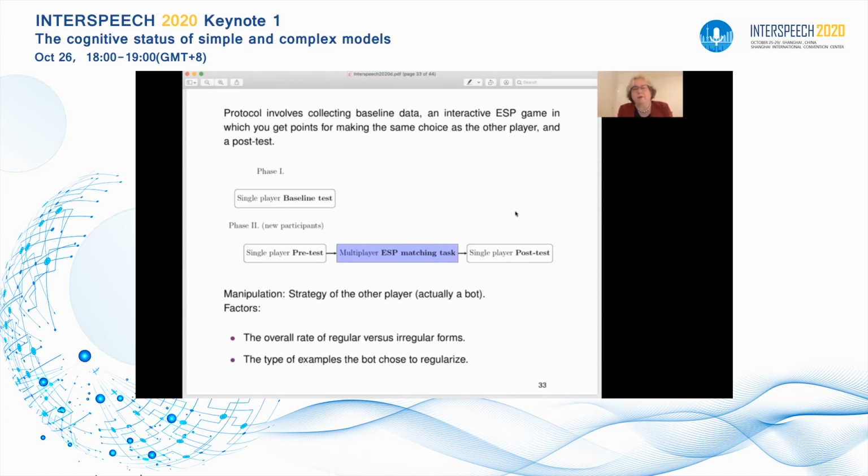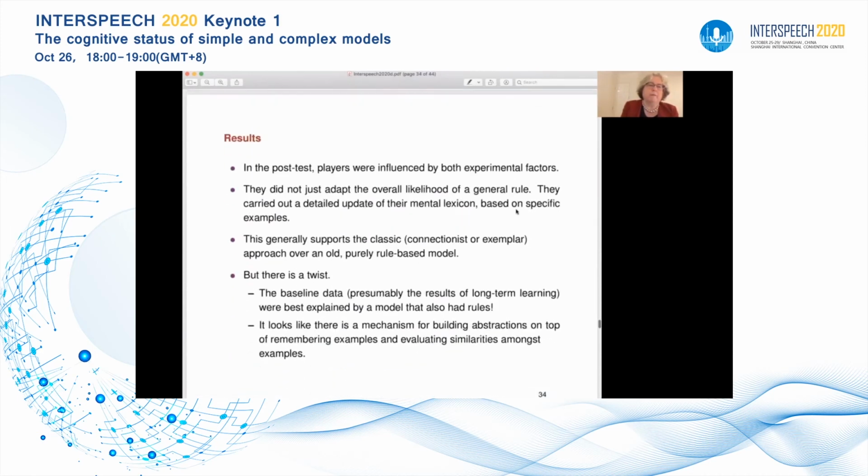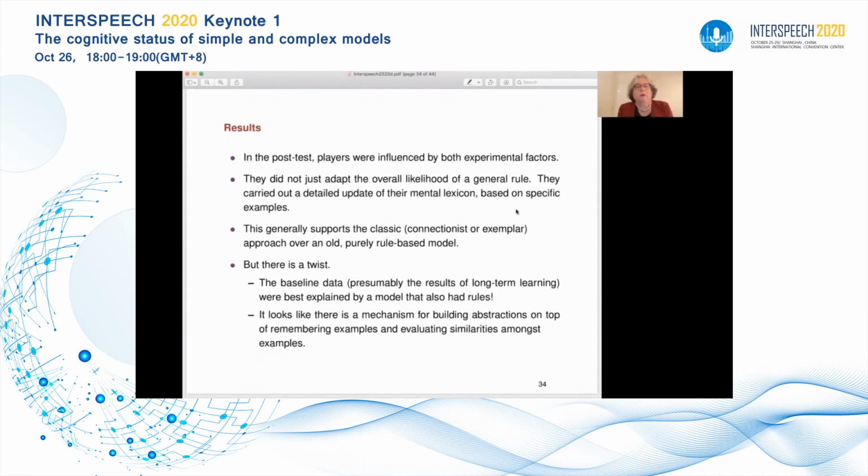And the manipulation involved the strategy of the other player, who was actually a bot. And the factors were, first of all, the overall rate of regular versus irregular forms, and secondly, the type of examples the bot chose to regularize. So in the post-test, the players had been influenced by both factors, and that means that they did not just adapt the overall likelihood of a general rule.